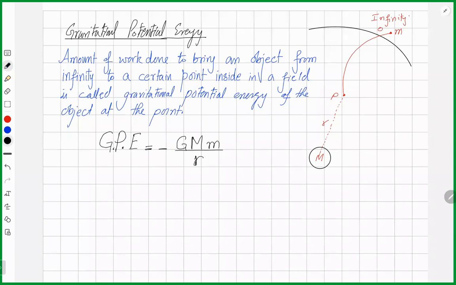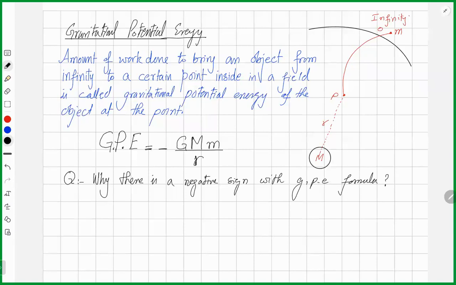Now, you would say, where does that minus sign come from? Like, let's put it as a question: why is there a negative sign with the gravitational potential energy formula?